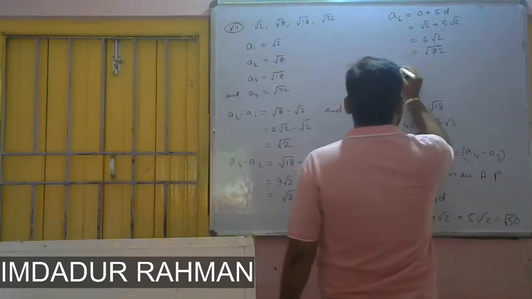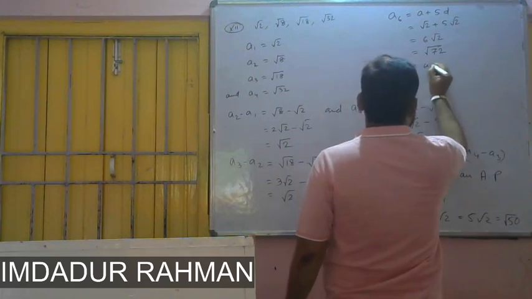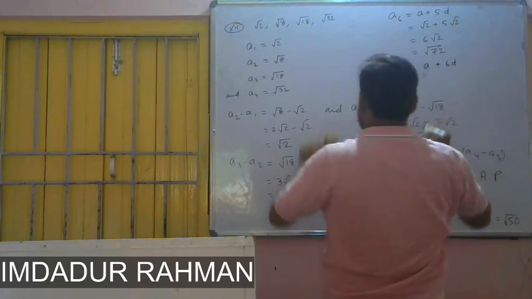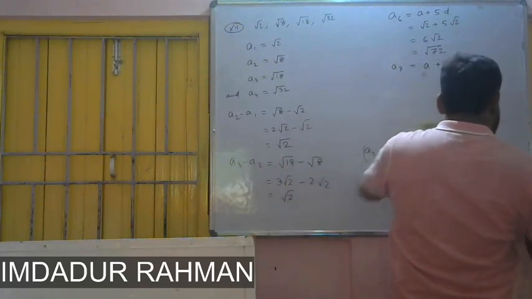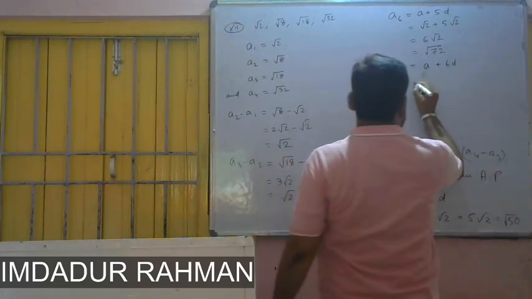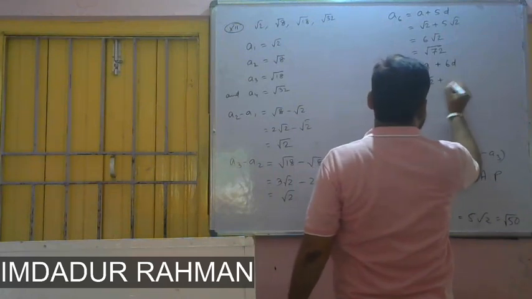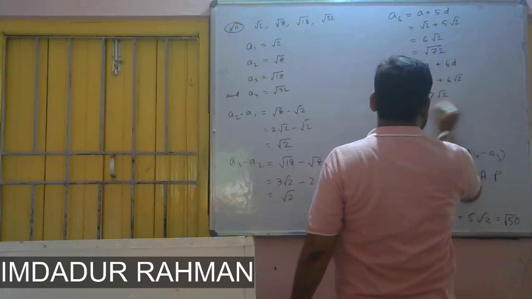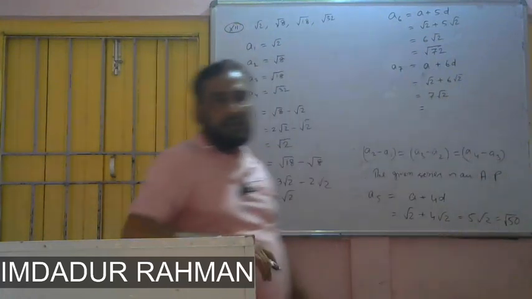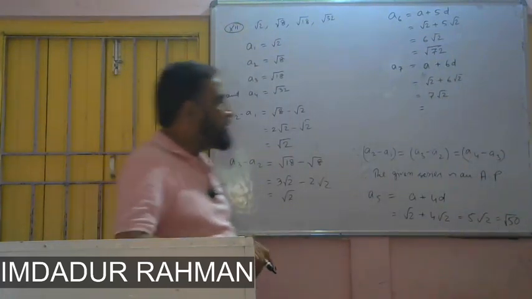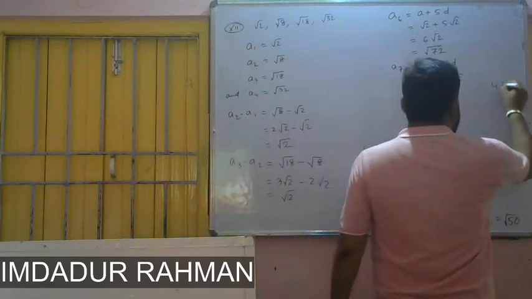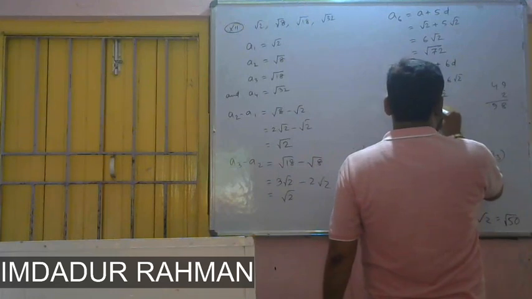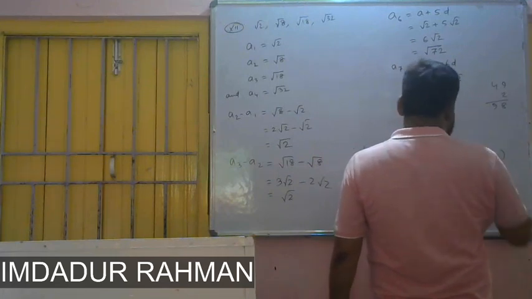Then a7 is a plus 6d. So a is root 2 plus 6 into root 2, that is 7 root 2. 7 square is 49. 49 into 2 is 98. Root over 98.